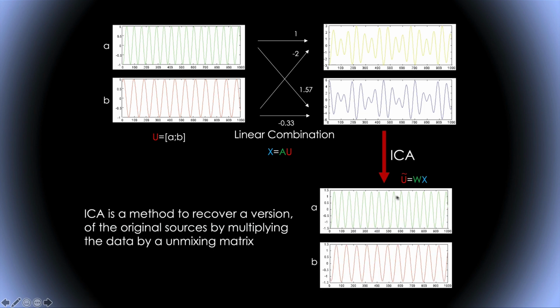So we apply ICA, which is going to find the estimated sources and the mixing matrix, and it can recover the source. The polarity is lost, but I will go into that in more detail in some of the lectures later. And so ICA is able to recover the original source.